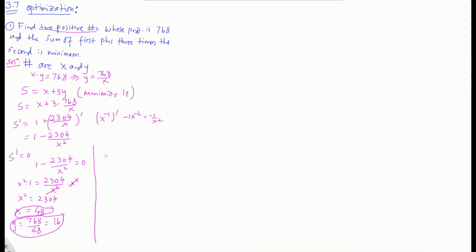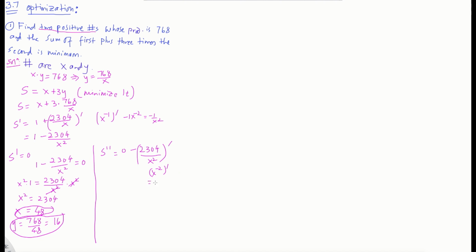To check for the minimum, we find s double prime. What is s double prime? The derivative of 1 is 0, minus 2304 over x squared, and then you take the derivative. How do I find the derivative again? You move that to the top, it will become x to the -2, and then you find the prime. But 2304 stays the same because this is a number. You don't have to use the quotient rule here.